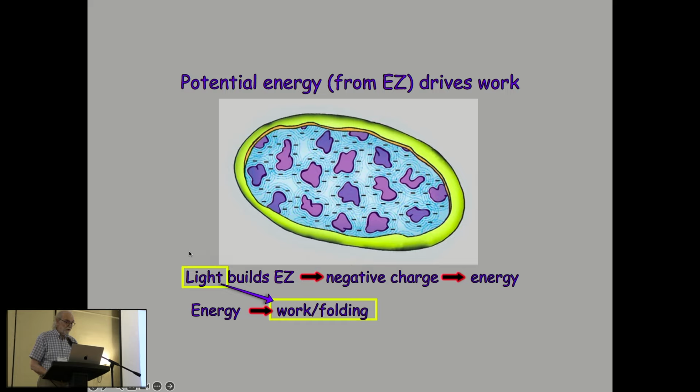folding. And if you connect it, light yields work. So what that means is essentially that we use light energy to do work. It's not just the chemical energy that is discussed in so many textbooks, but light energy in pretty much the same way as plants do.